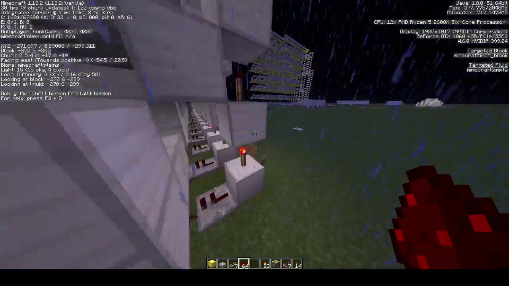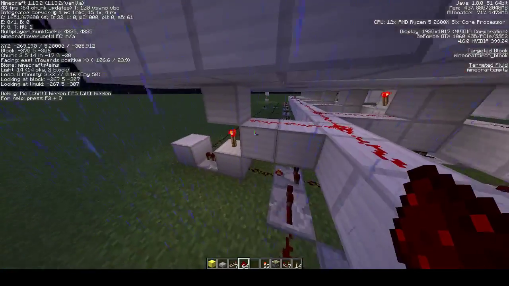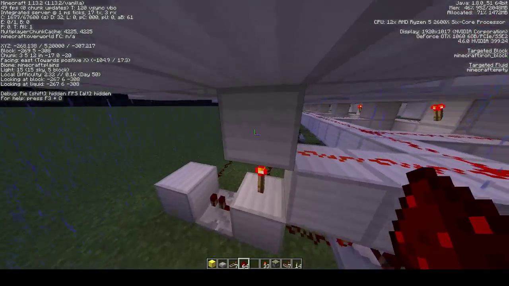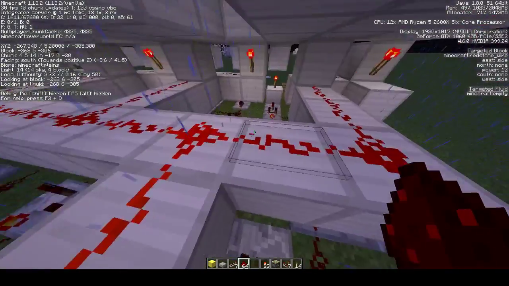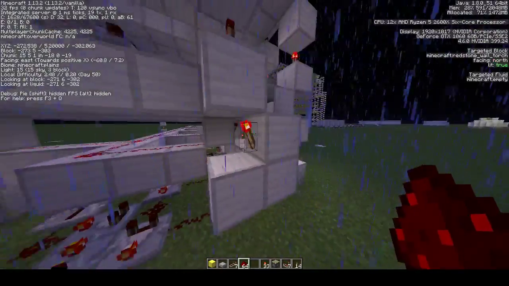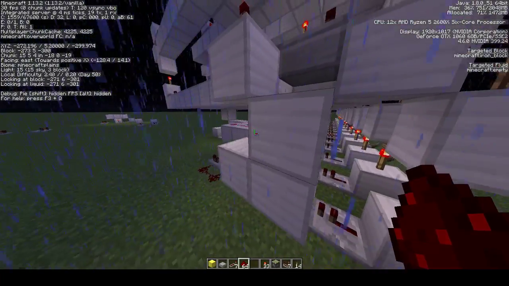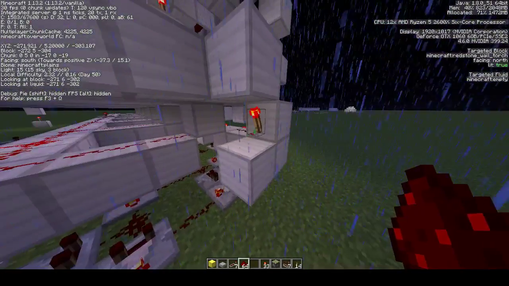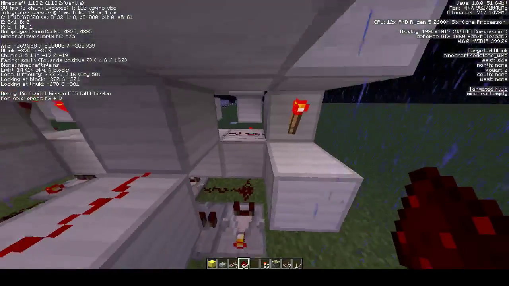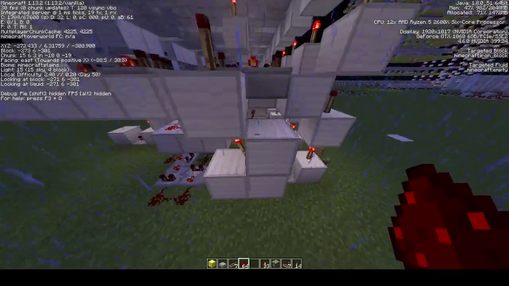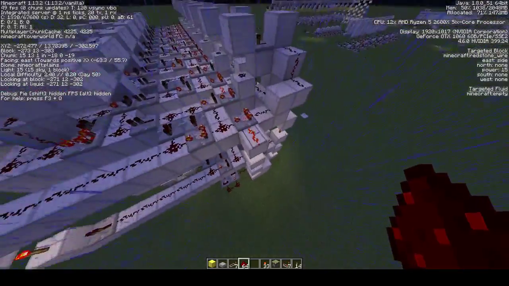So then what's happening here is the redstone torch being on is sending a signal through this block, which sends a signal through here, and disables this redstone torch. And once it disables that redstone torch, it will not send a signal to this redstone torch, which means it will be on, and then this will be active.